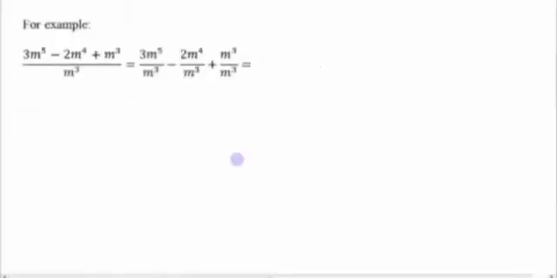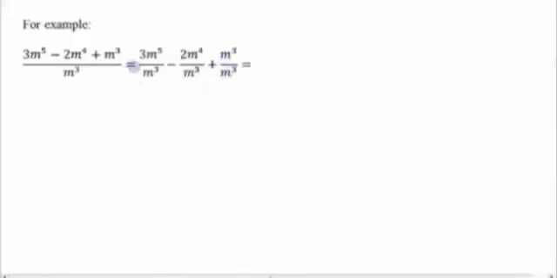For example, if I have 3m to the fifth minus 2m to the fourth plus m cubed, all being divided by m cubed, I can divide this up as the first term divided by m cubed, minus the second term divided by m cubed, plus the third term being divided by m cubed.